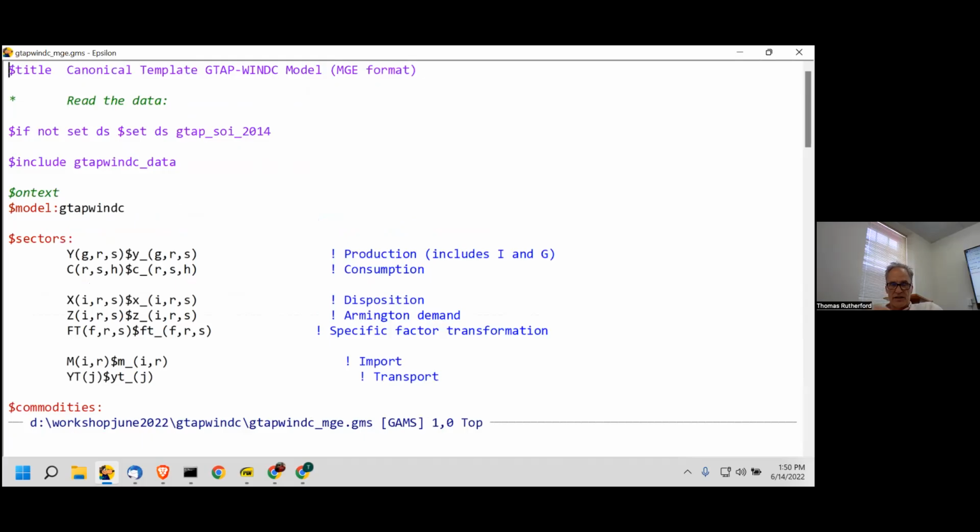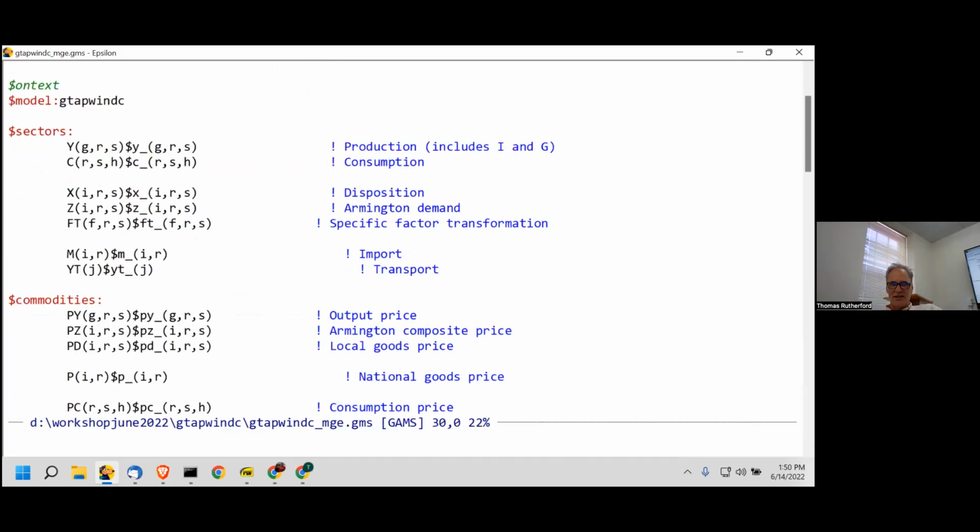So that's looking like this. And now one of the things that's a little bit annoying, but this is just the way it is, is that once you disaggregate enough countries, states, households, you have to be careful that you're able to declare exactly what is being used. So MPSGE insists that I tell it exactly what sectors are in the model.